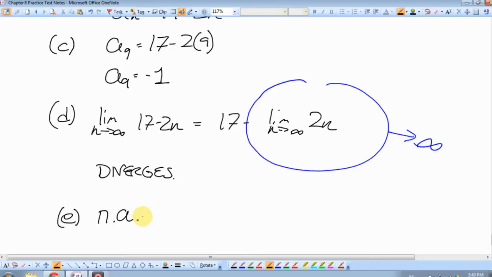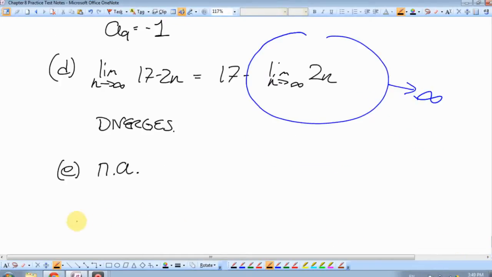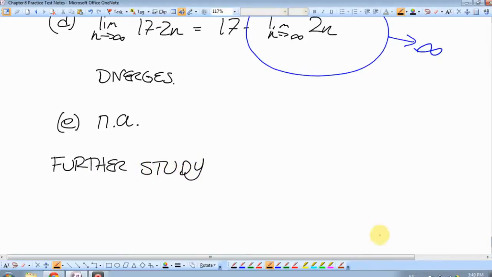Can you give us one that converges? Yeah. We don't know how to do that. Let's do this one. Further study. What about, I don't know.